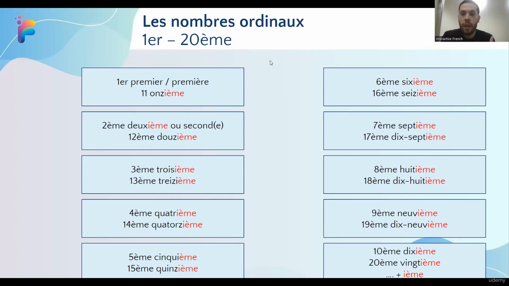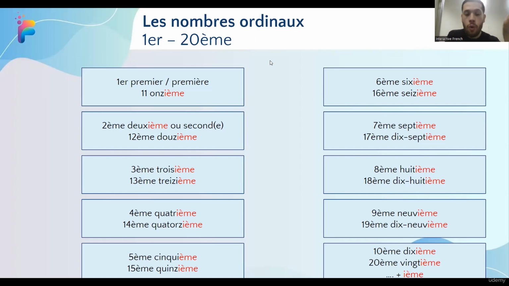Or you could say second, as in English, and seconde when it's feminine. We would pronounce the D when second is feminine, so seconde. We can either say deuxième or second. Pretty easy so far, right?